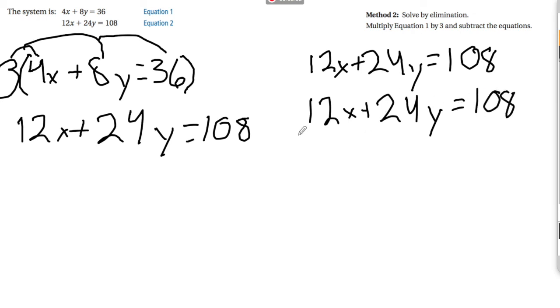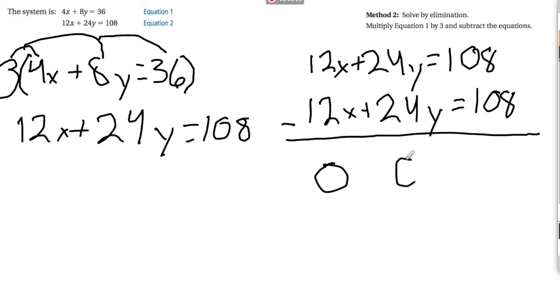First step in elimination is to subtract. So 12x minus 12x equals 0. 24y minus 24y equals 0. And 108 minus 108 equals 0. So 0 plus 0 equals 0.